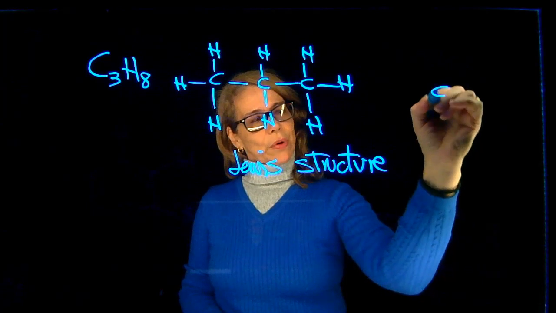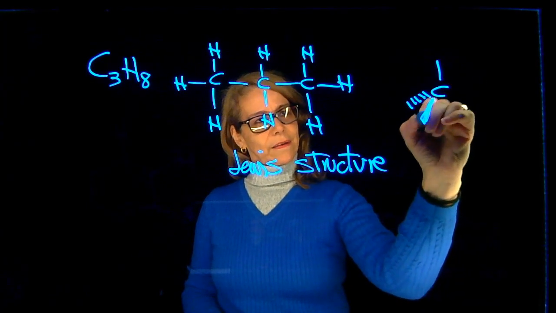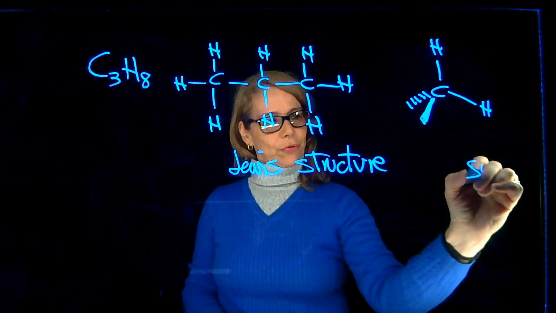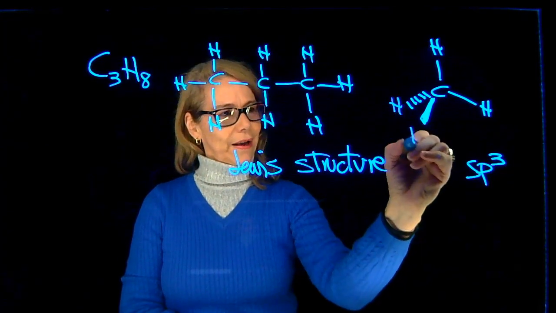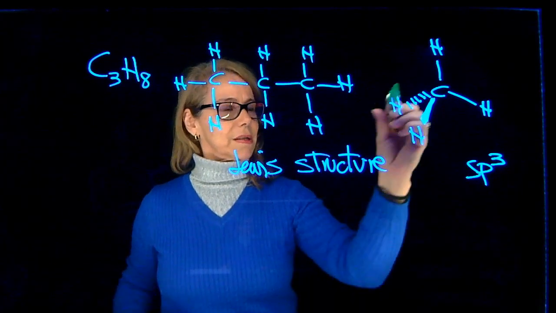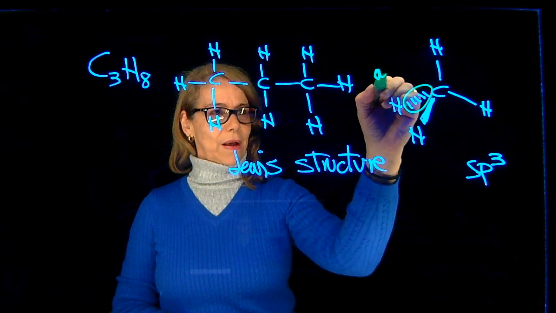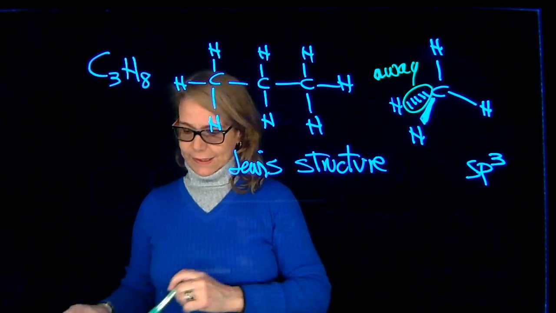So I remember that in methane, the central carbon is sp3 hybridized. Here, the symbols that we use are this dashed line to represent something that is away from my view, so pointing in.